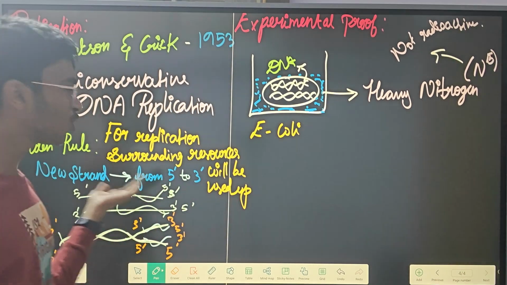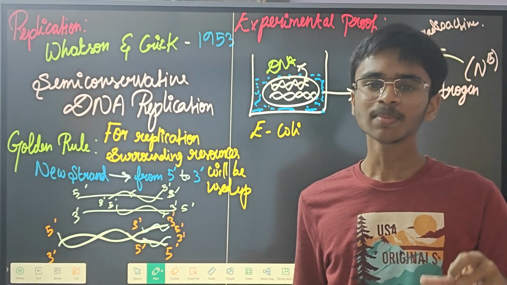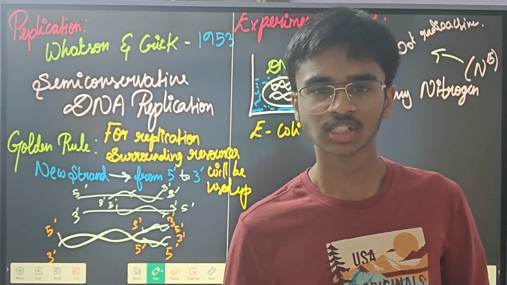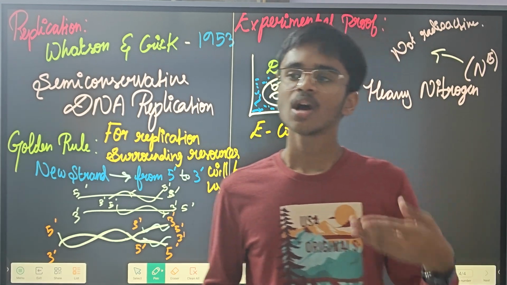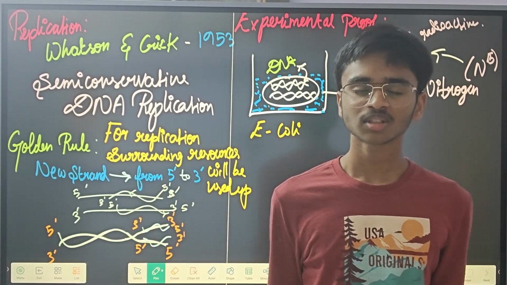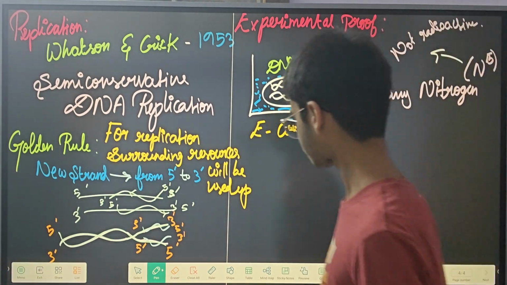Not only for replication, for any metabolism of an organism, the surrounding resources will be used. For example, for digestion we want food from the surrounding. For respiration we want the air in the surrounding. For any process we want resources from the surrounding, and like that this E. coli is going to consider this one.